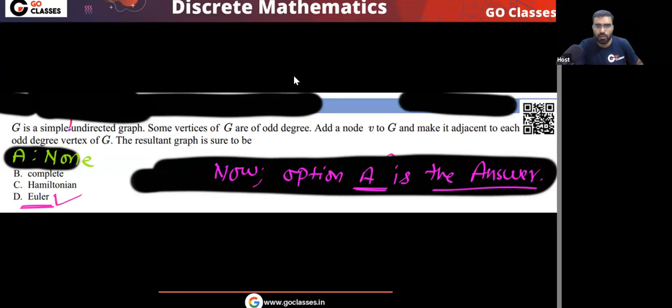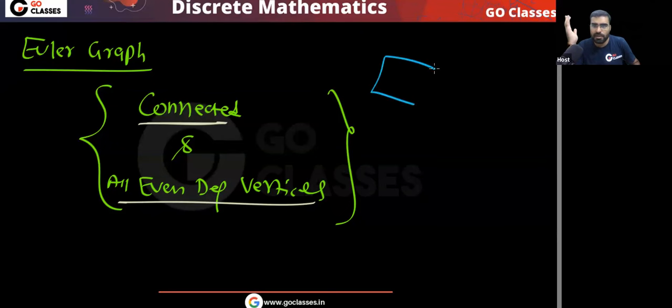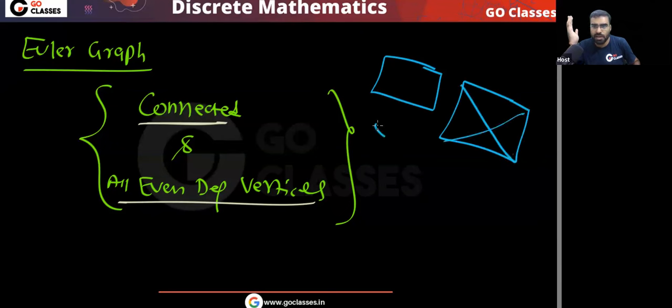I hope you understood all these small points. So remember, for an Euler graph, you have to make sure it is connected as well as having all even degree vertices. Isolated vertices you can allow, but you cannot allow this type of disconnected graph, like the counter example I gave you.